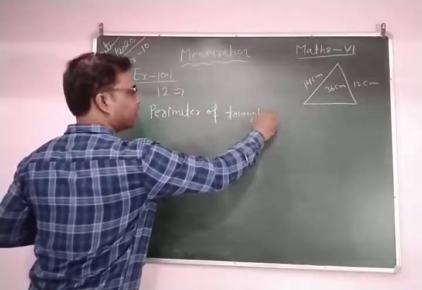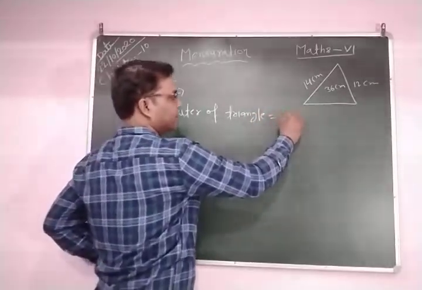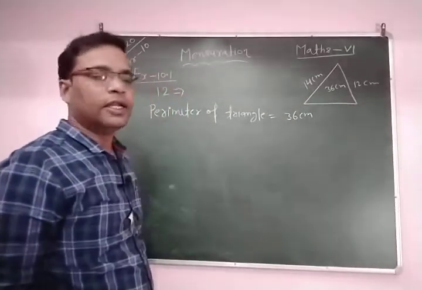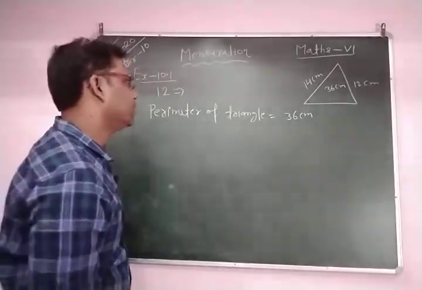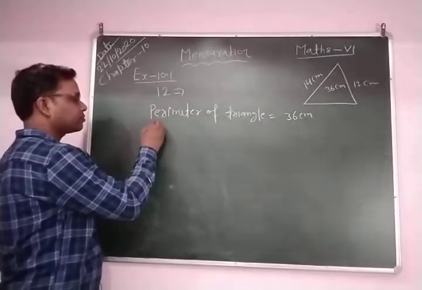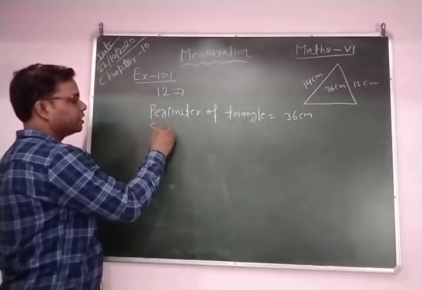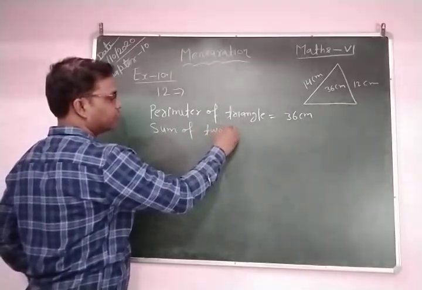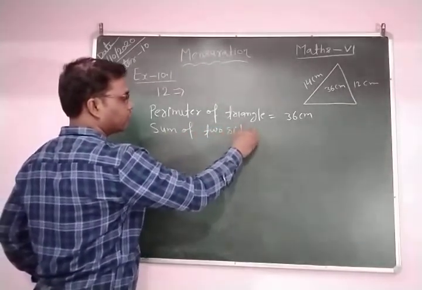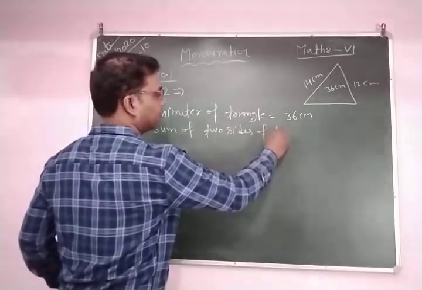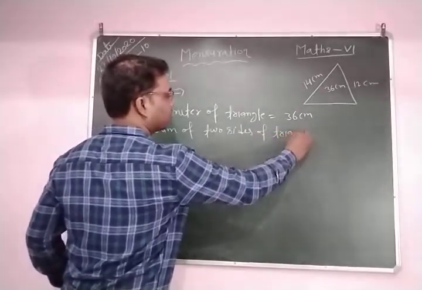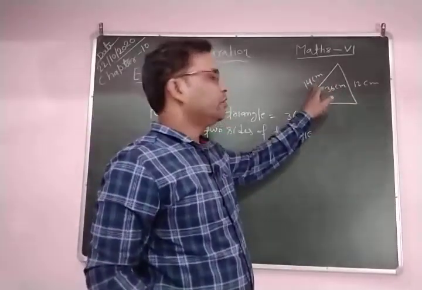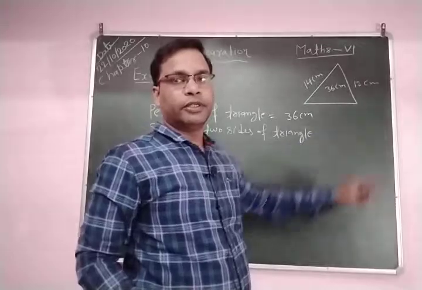What is the perimeter of the triangle? This is given as 36 centimeters. The perimeter of the triangle is given, and the sum of two sides of the triangle is also given. So we find the sum of two sides of the triangle. The first side is 14 centimeters and the other is 12 centimeters.